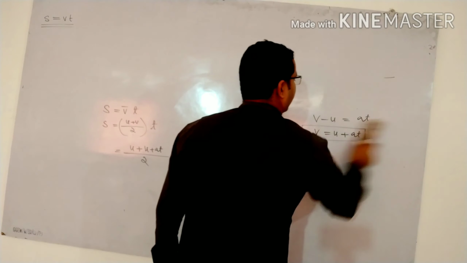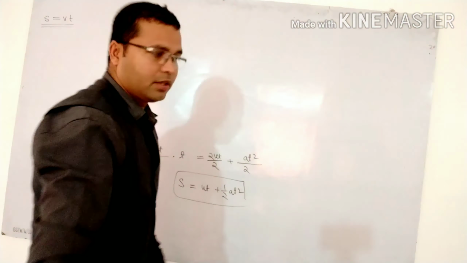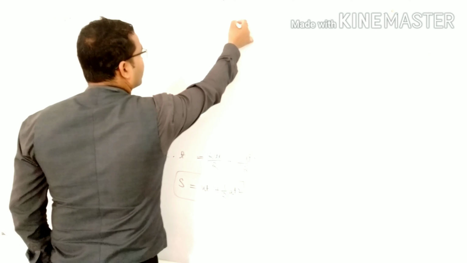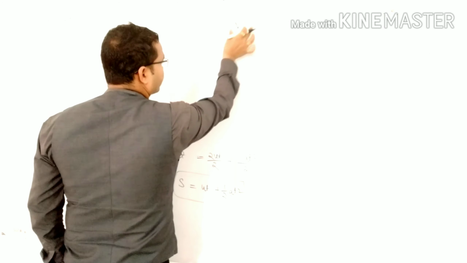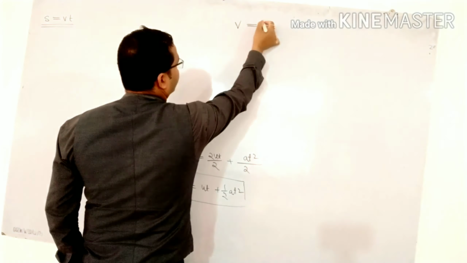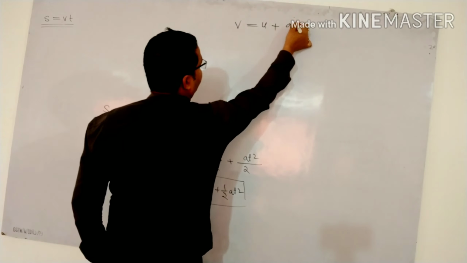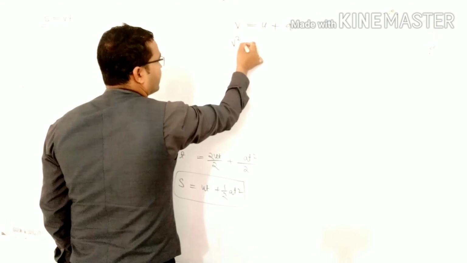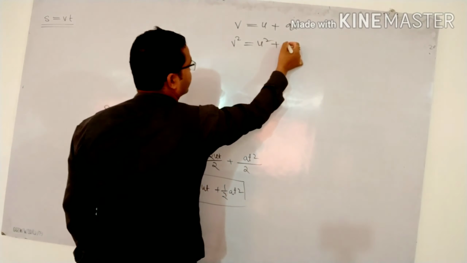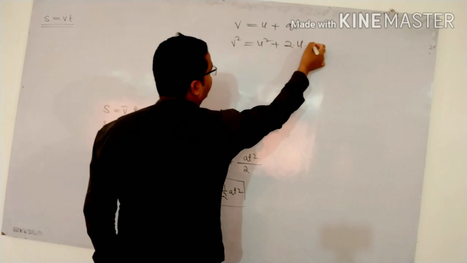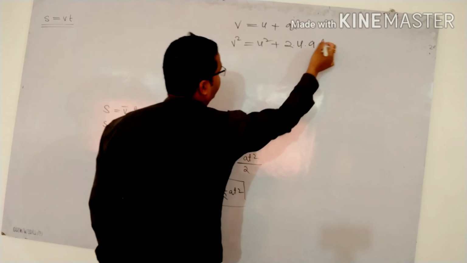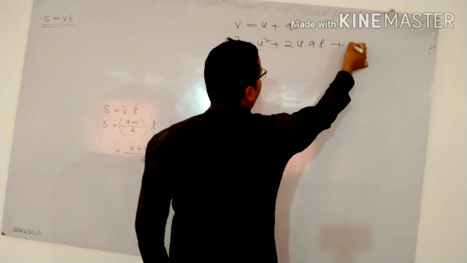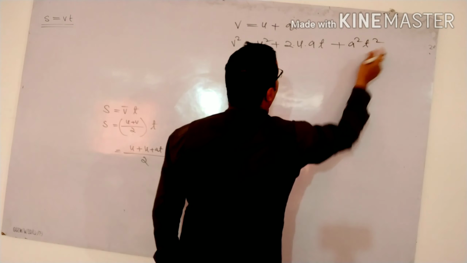And we have the last formula. Let us derive. So we know that using the first formula, v is equal to u plus at. So square both sides. So it will be v square is equal to u square plus twice uat plus a square t square.